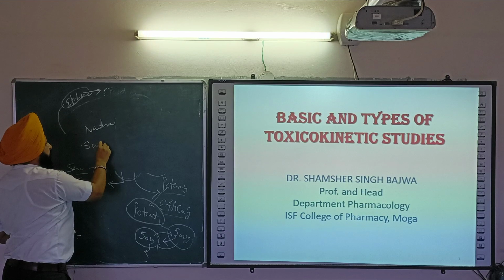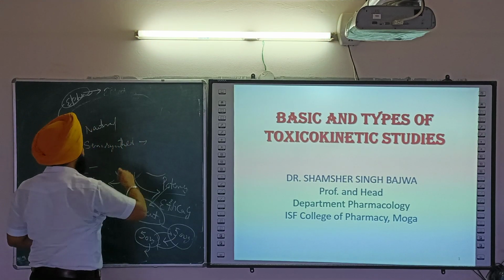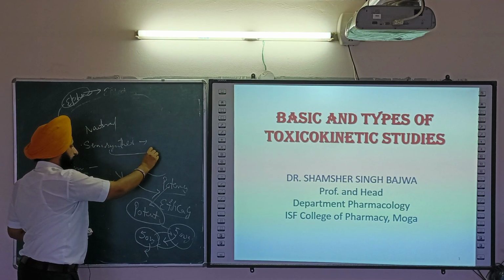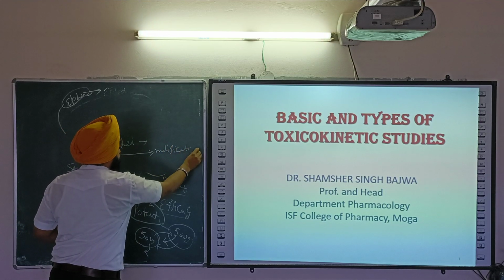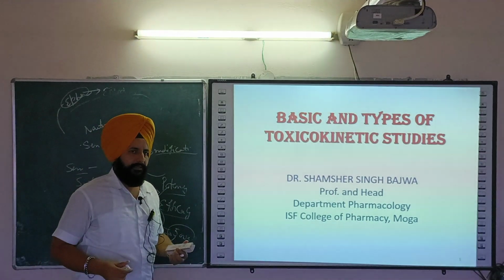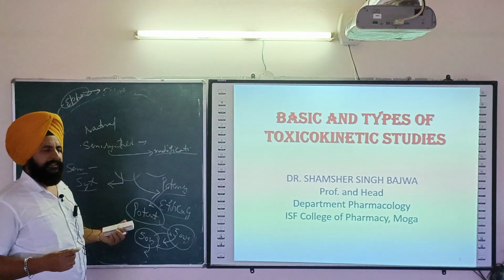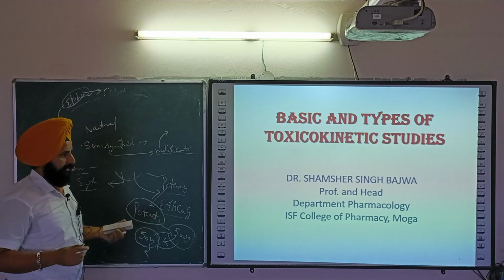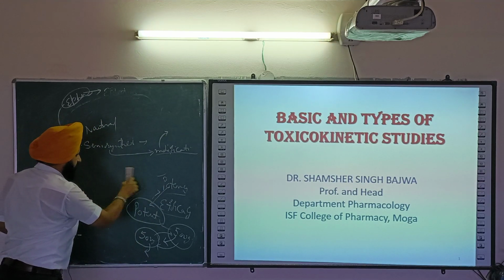Another type is semi-synthetic, that means they are not totally synthetic, but there is a need for a little modification in the structure. Many drugs, like opioids, are available from opium: morphine, codeine, heroin. Many derivatives you can prepare and analyze, and you can check that there is a little modification in the structure.